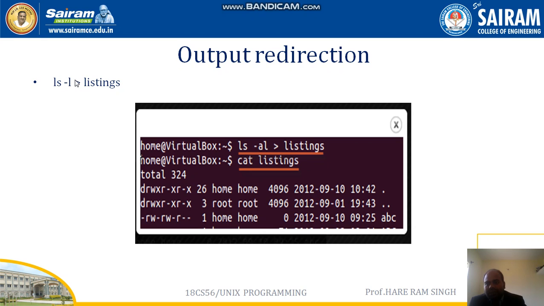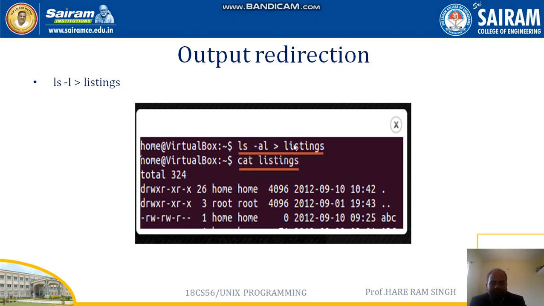Using the right angular bracket, the contents will be redirected to the file listing. So here the output of ls -l is not displayed on the screen or monitor. We are sending it into another file called listing.